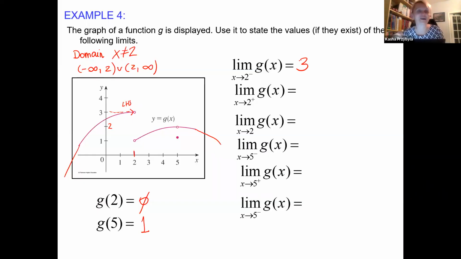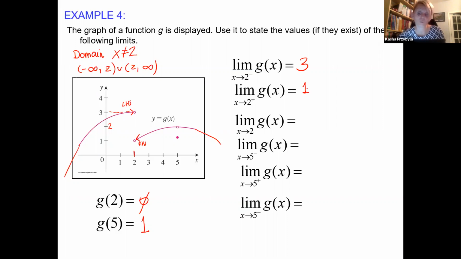Okay, what is the limit on the right-hand side? Can you type? We can see the function is approaching the open dot on the right-hand side, and this is 1.